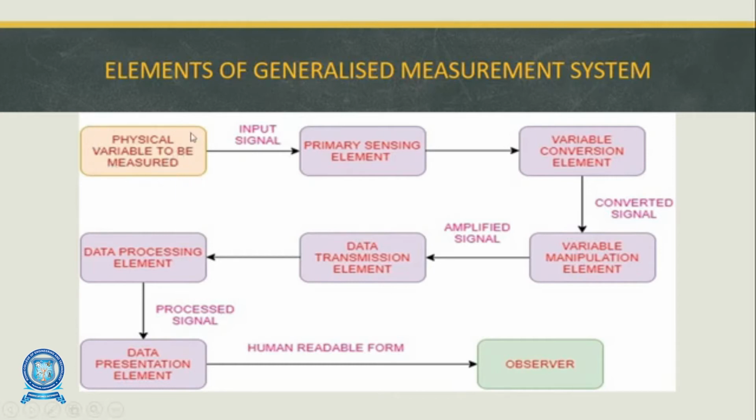This element which we are going to measure gives the input signal to the primary sensing element. This primary sensing element receives the input signal from the measuring element, or the variable which we are going to measure, and converts it into the required form.